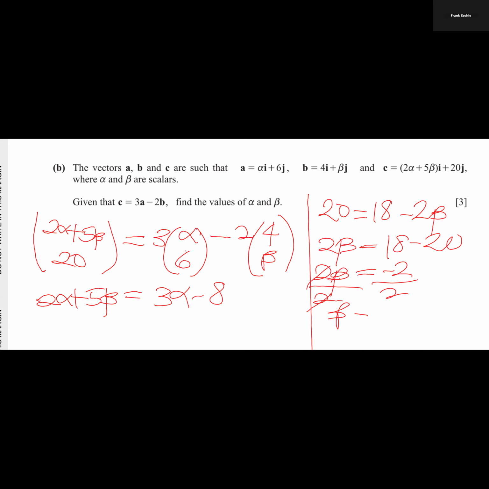So beta is equal to negative 1. If beta is negative 1, you can have 2 alpha plus 5 times negative 1, which is negative 5. Then you have 3 alpha minus 8. So you can have negative 5 plus 8 here, and that should be equal to 3 alpha minus 2 alpha. So you can say alpha is 3. So alpha is 3, beta is negative 1.